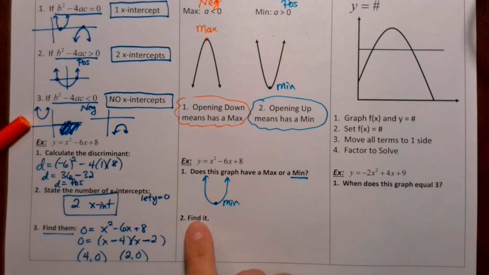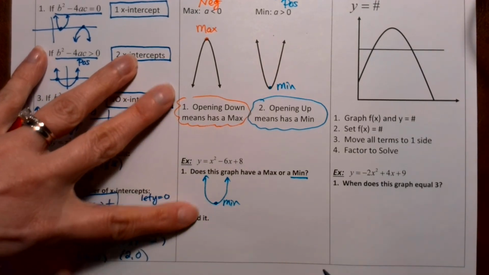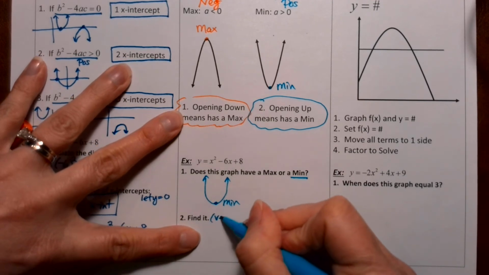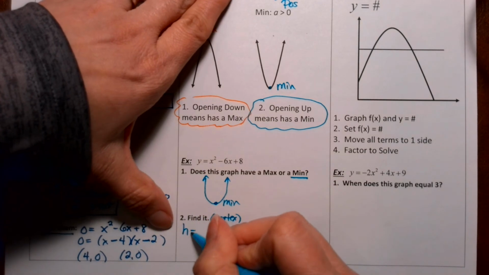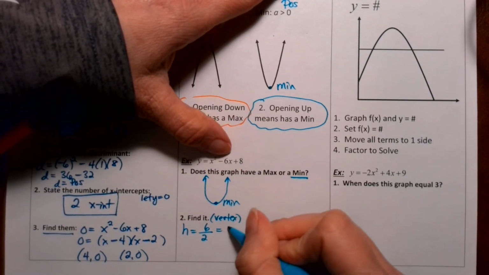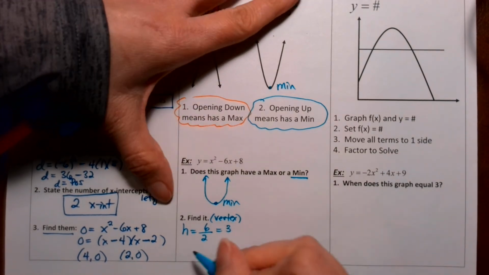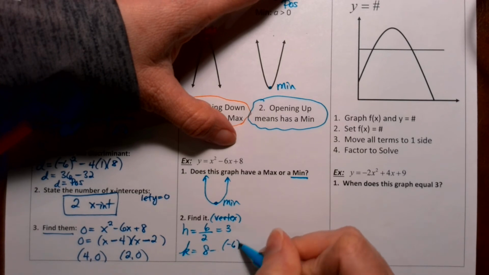Oh, find it? Sure, I'd love to find it. How do you find a vertex? A max or min is a vertex. I will do h and k calculations. h is equal to negative b over 2a, so that's 3. And k is c minus b squared over 4a.